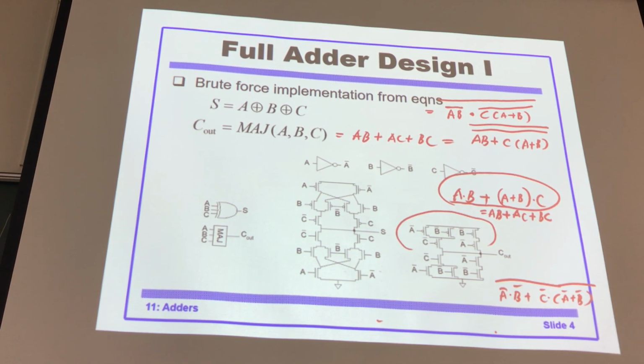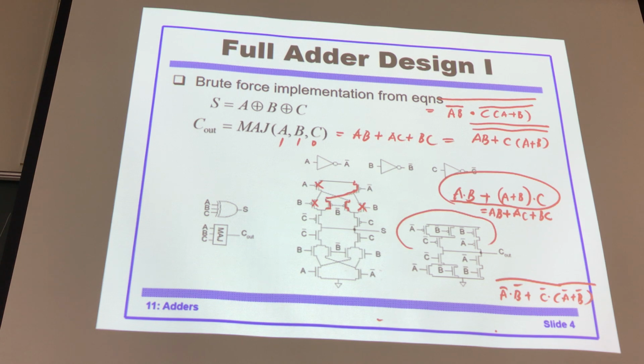For example, if A is 1 here, you get 1, 1, 0, then what? This will connect, not connect. For B is 1, so this will connect, connect, not connect, not connect. So this path will connect.